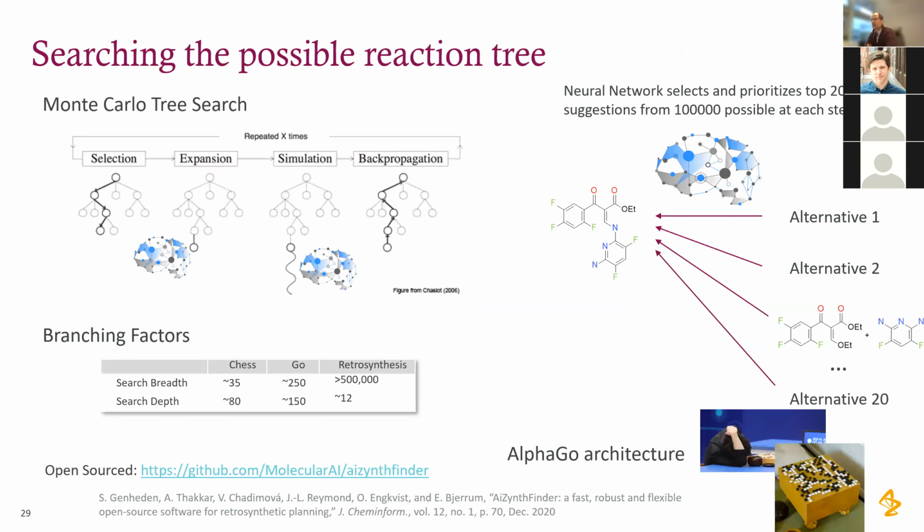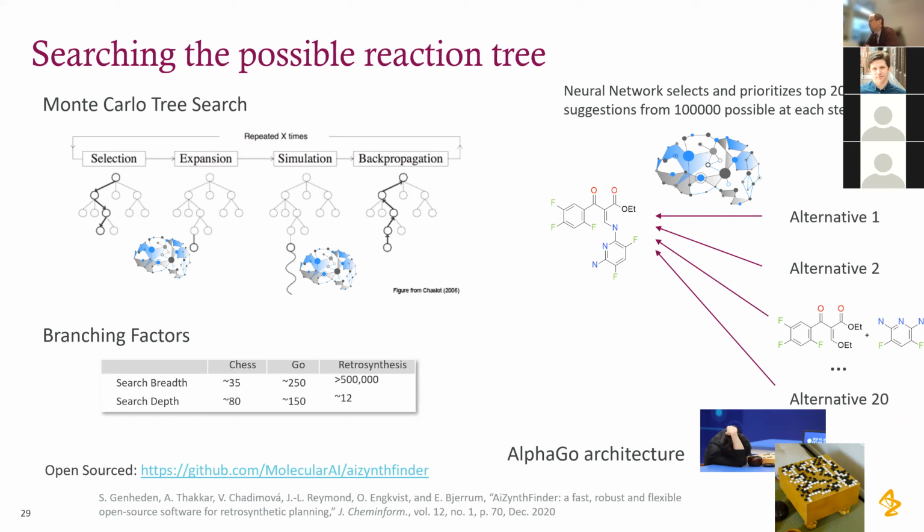So that's a problem. We have a search tree that is a bit different from what you see in various games, but we're still using game algorithms to solve this. If we compare to, for example, chess and Go, we have significantly more potential steps per step, so to speak.